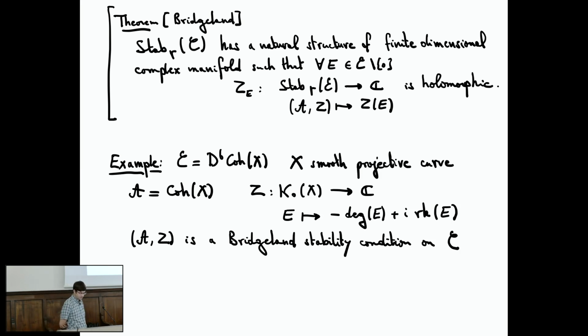And the complex structure can be characterized by the requirement that if you fix an object E in your category, or it will be enough to fix a class of an object E in Gamma, then there is a natural function on the set of stability conditions: you have a stability condition (A, Z), and you look at the complex number that Z assigns to the object E. So for every object, or every class of object, there's a function Z_E from the space of stability conditions to complex numbers. And the claim is that there is a natural way to put a complex structure so that all these functions are holomorphic.